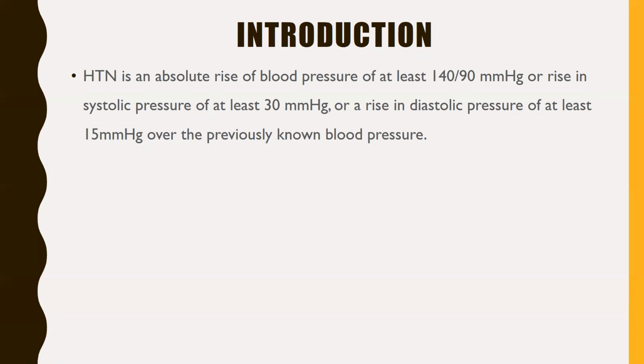This blood pressure reading should be this much or higher in 2 readings within 24 hours, which should not be less than 6 hours apart. So just to classify the condition, we can go to the next slide.